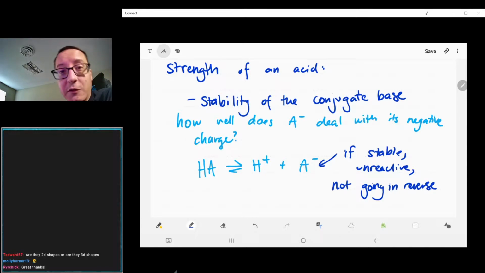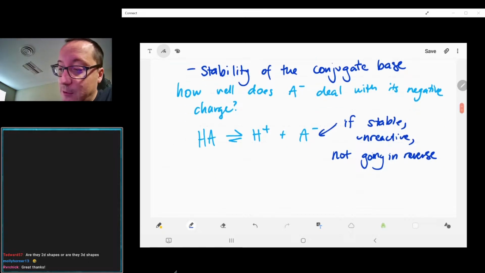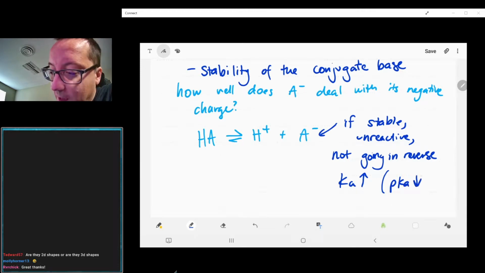This is all a relative scale. And so therefore, Ka will go up because your A minus concentration and H plus concentration will be maintained for longer. And remember, that means pKa goes down. So pKa going down means a stronger acid.